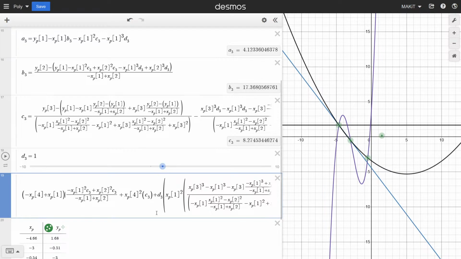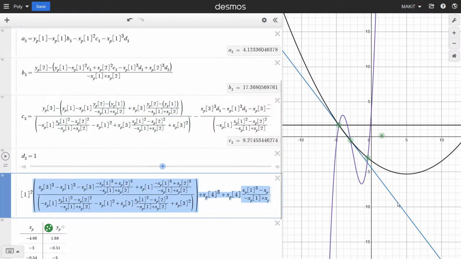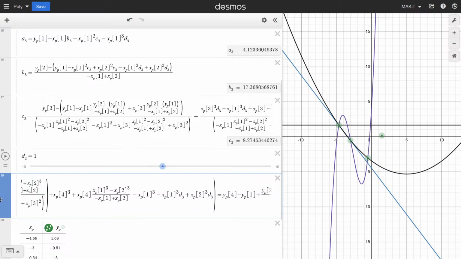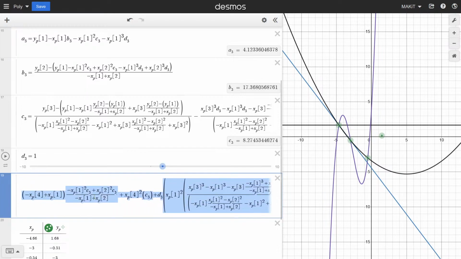Also this one, in which case we have the left side, which is xp4 squared. Is it plus or minus though? xp plus xp4 squared.